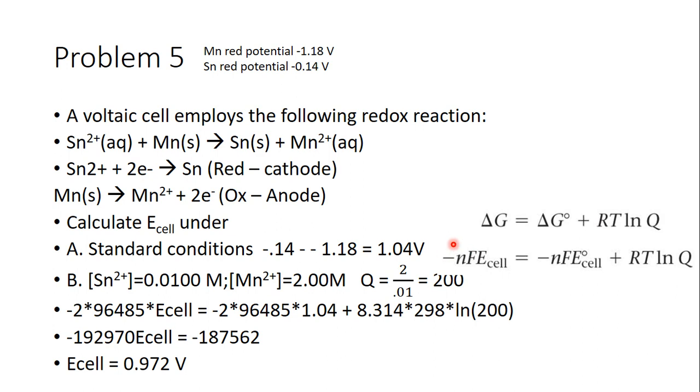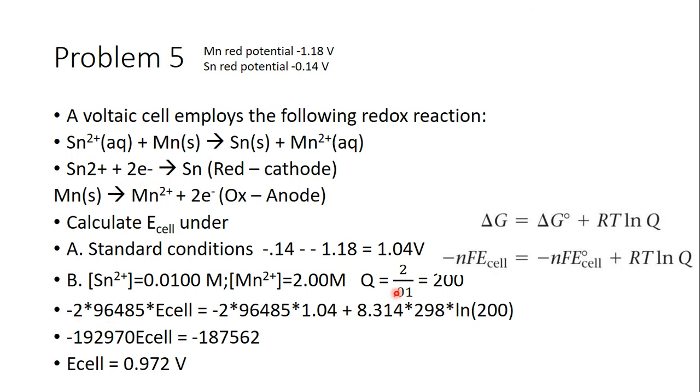Alright, so we can calculate E cell now. So I'm going to use this equation right here, minus NF E cell. That's what we want. We want E cell. E cell not is under standard conditions. So that's what we calculated in A. So looking at our balanced reaction, we have 2 electrons.